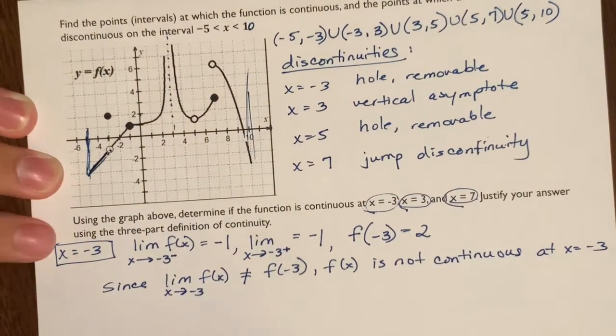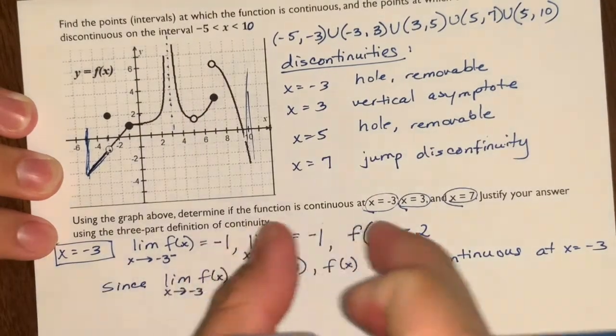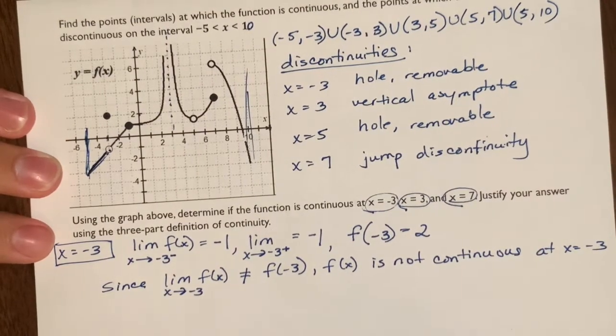This is how you would answer that for your free response question. You have to do each of these pieces. Once you miss one of those pieces, good luck trying to get full credit on this.